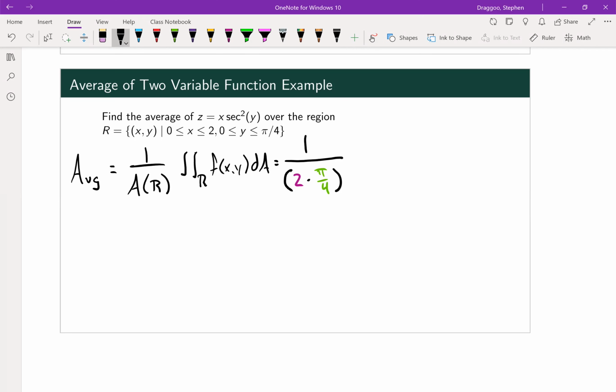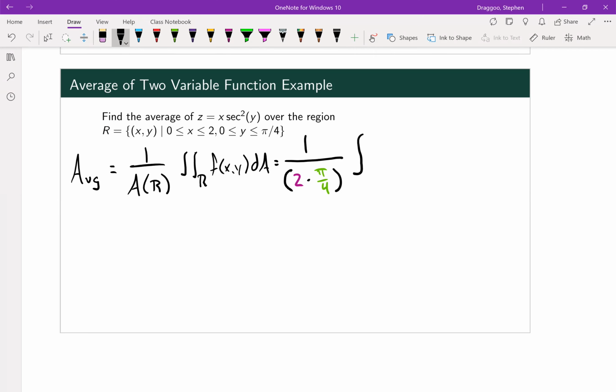Then, to actually do that double integral, we have a separable function because our function is x times secant squared of y. So I can separate those two pieces out. Also, if you went back and looked at all of the other examples we did, those were all also examples of separable functions. So we could have applied this theorem at the end to any of the previous examples. But let's go ahead and apply that theorem here. I have a separable function, so I'm going to separate it out into an x piece and a y piece.